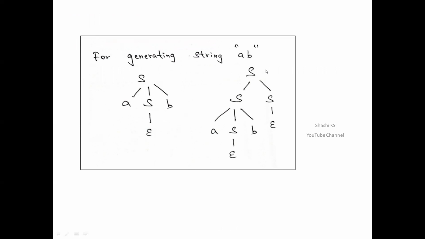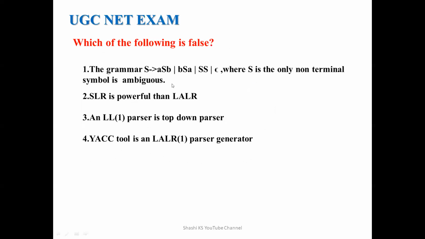Or I can generate it by S derives SS, and from S I can again generate ASB and from S I can generate epsilon. So here also I can generate the string AB. So you have two different parse trees which can be generated for a particular string AB. So this particular grammar is ambiguous, is true. Okay, so the false statement is statement number 2, which is SLR is more powerful than LALR. It is false.